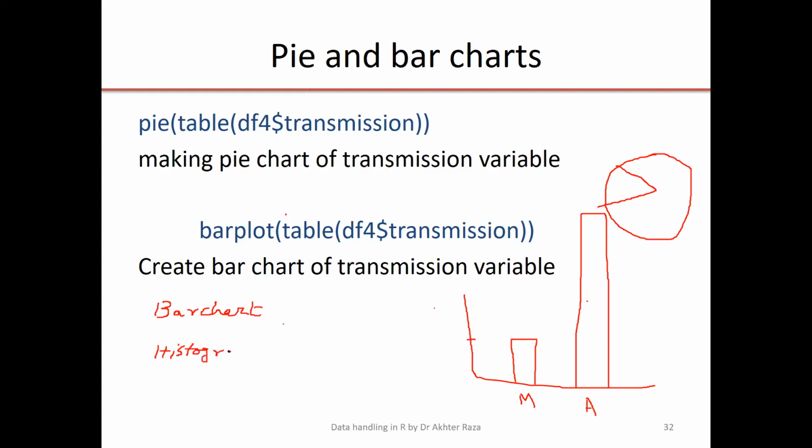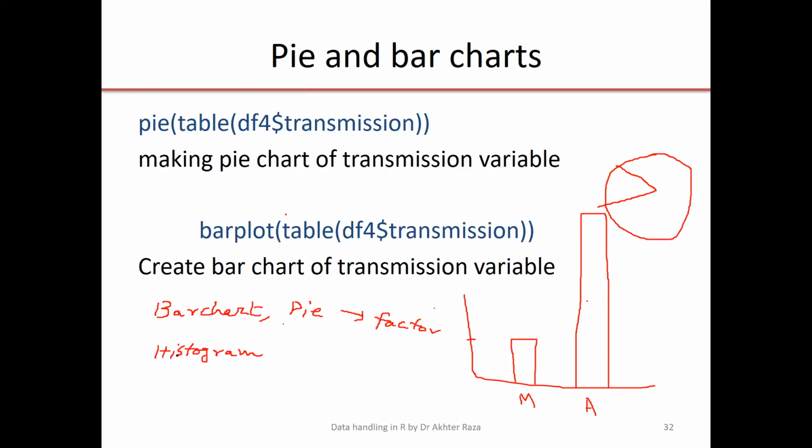Histogram for quantitative data, bar chart and pie chart for qualitative data. So this is the qualitative factor variable. So this can be applied on the factor variable, but this cannot be applied on the factor variable because a quantitative variable is needed.